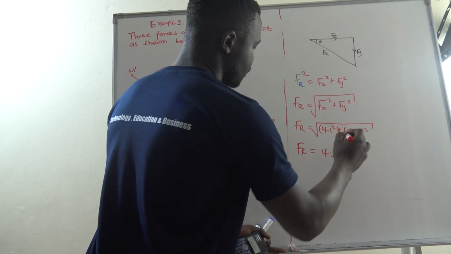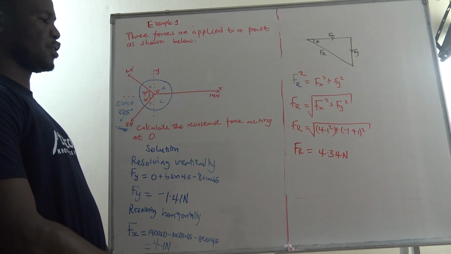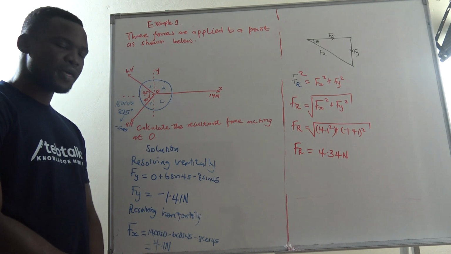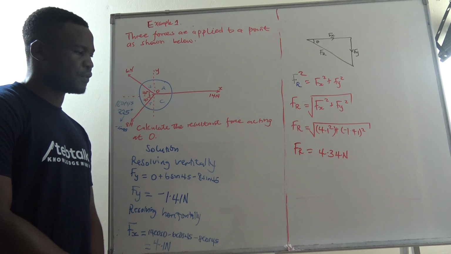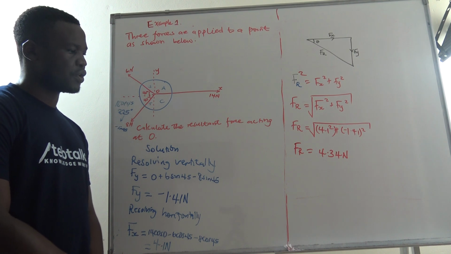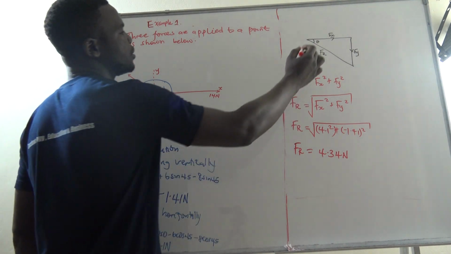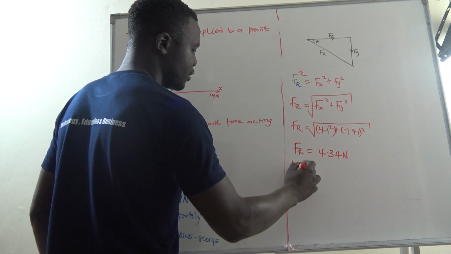So this shows me that the resultant force is 4.34 newtons. But you remember we said that force is a vector quantity that has both magnitude and direction. So if that is the case, we have to get the direction, and the direction from this diagram is given by tan.